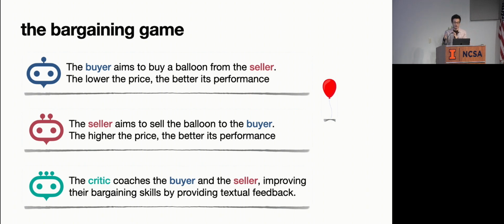For the buyer, the lower the price, the better, and for the seller, the higher the better. So the buyer and seller's performance is evaluated using the deal price they finally achieve. The critic acts as a coach and gives feedback to the two players to help them improve their negotiation strategies. And each of these three roles is played by a different language model.